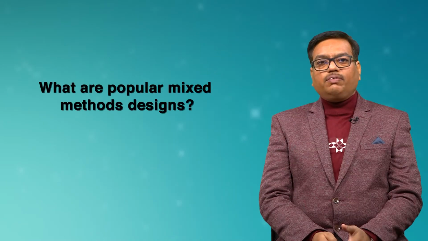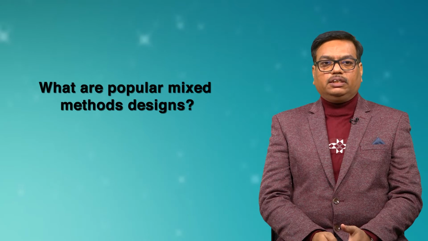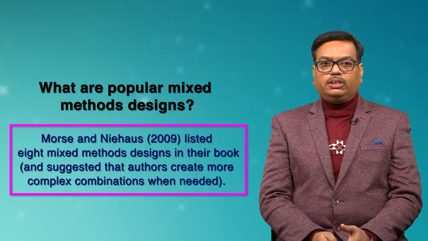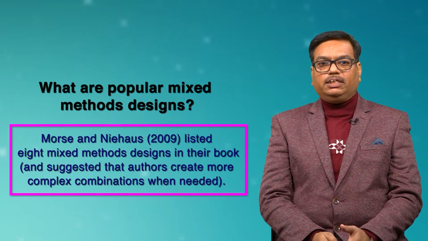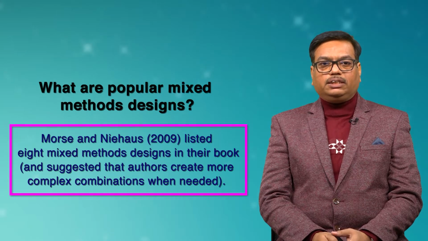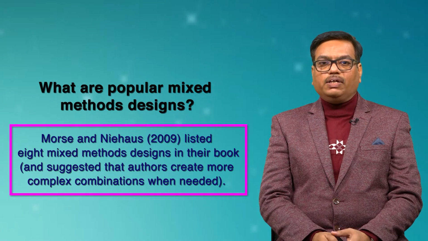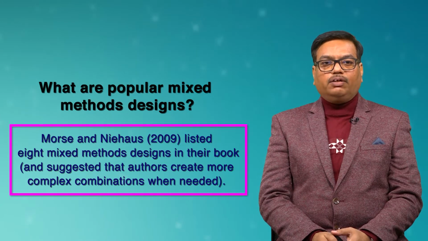And now, what are the popular mixed method designs? Morse and Niehaus listed 8 mixed method designs in their book and suggested that authors create more complex combinations when needed. We are going to discuss these designs one by one. The first is QUAL plus quan.